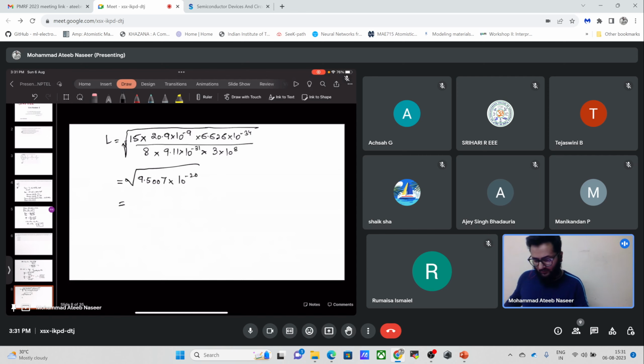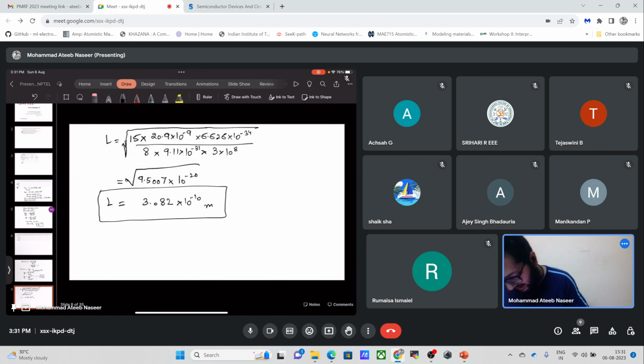So it would come out to be simply root of 9.5007, which comes down to 3.082 into 10 to the power of minus 10 meter. So this is the value of L.